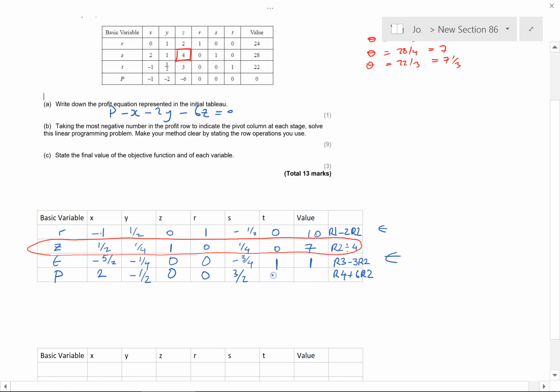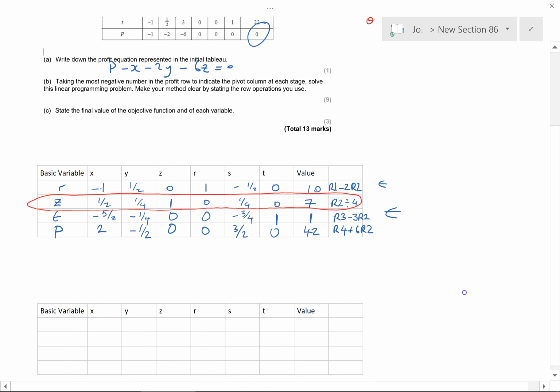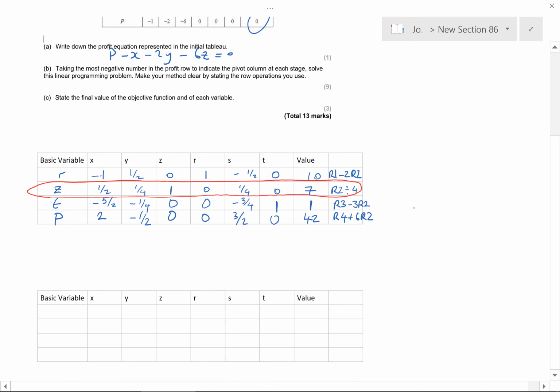Then this number here is equal to the 0 here, but we've also got 0 in our pivot row, so that's still going to be equal to 0. 0 plus 6 times 0 is 0. And finally, the number in our value column is 0 plus 6 times 7, which is 42. So that's the first iteration done. Now we've got a lot of fractions, so it's going to be a bit tricky.